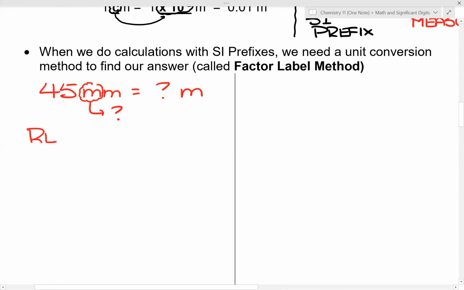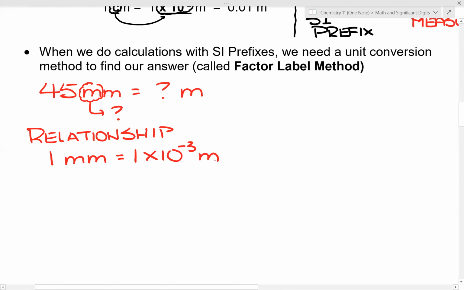The relationship is 1 millimeter is equal to 1 times 10 to the negative 3 meters. So the milli represents times 10 to the negative 3.